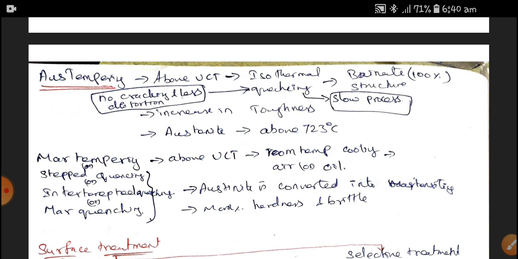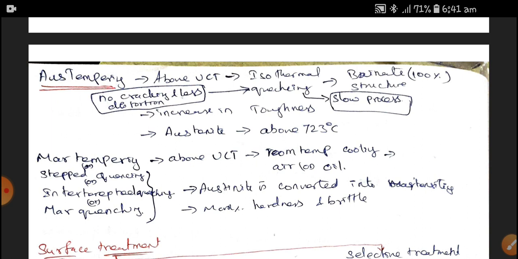After the tempering process we can use Martempering and Austempering. We heat the material above the upper critical temperature and cool it by means of oil or air cooling to room temperature. Here, the austenitic structure is converted into martensitic structure.